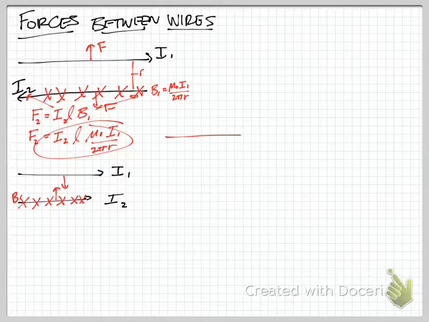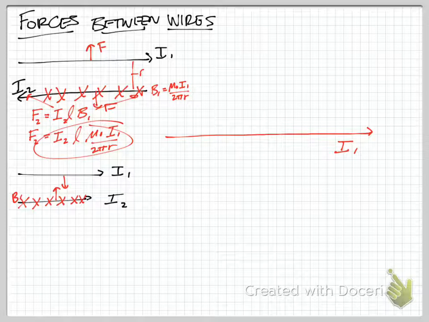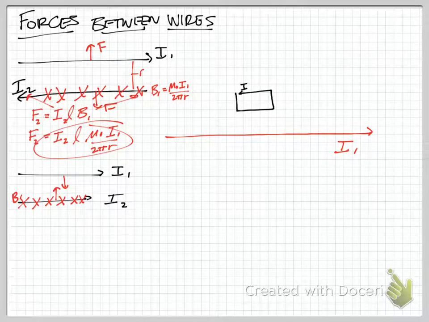The next thing that the College Board likes to do is give you one current this way, and then near that, a current carrying loop of wire like this with a different current in it. We'll say I2, and we'll say that I2 goes this way. And they want to know the net magnetic force on that loop of wire because of current 1.